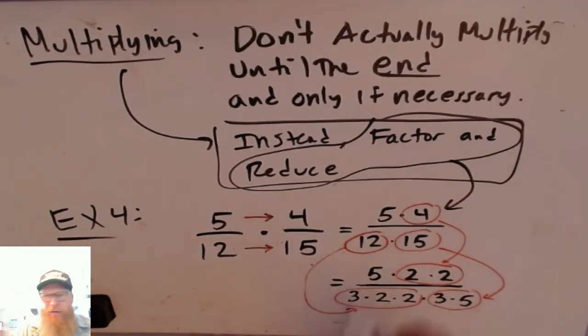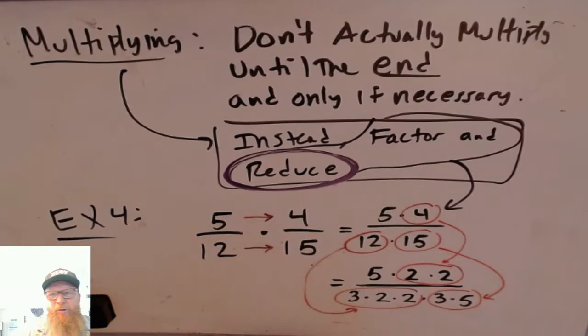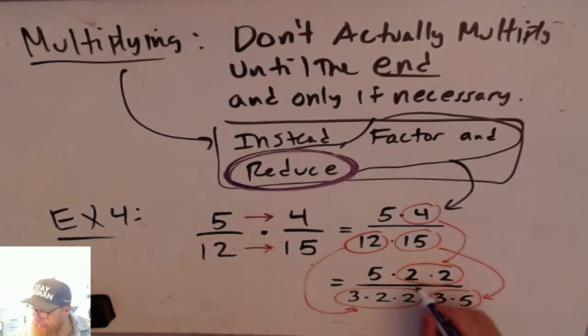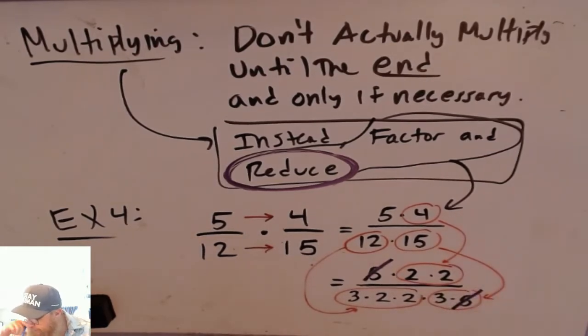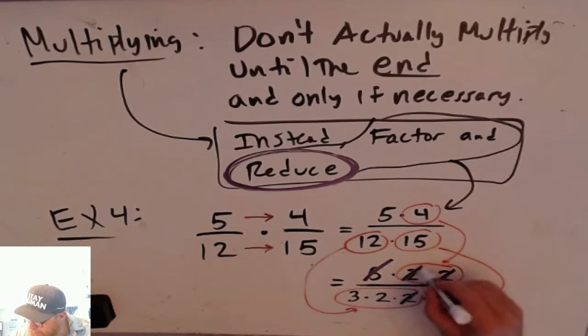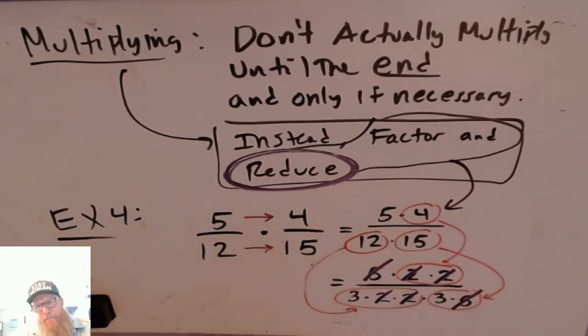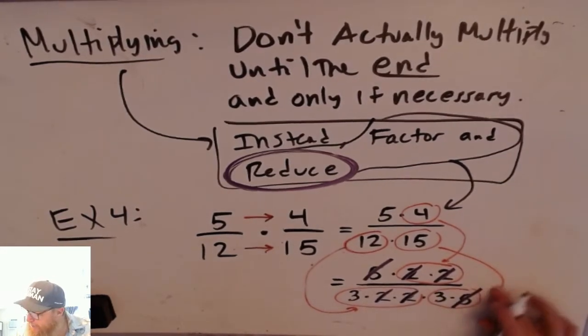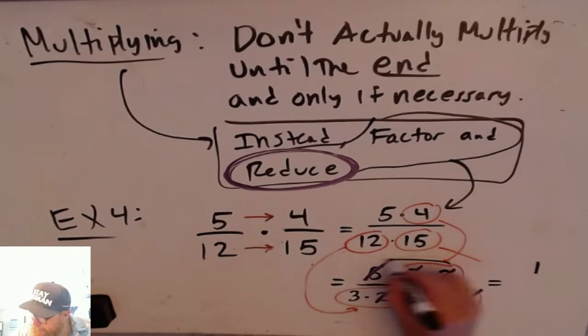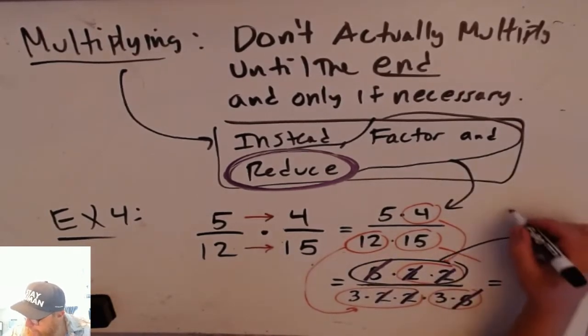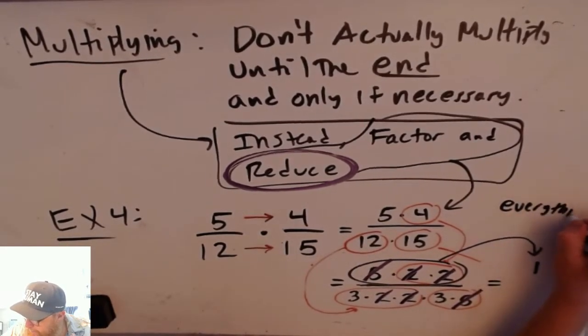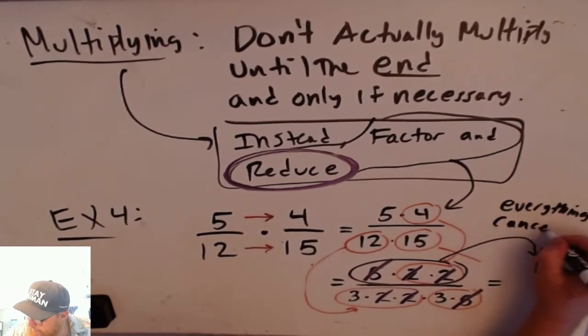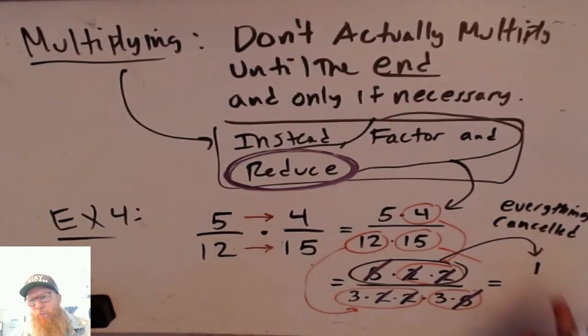And then reduce. In other words, cancel everything you possibly can. So what do we got? We got a 5 and a 5. And we have a pair of 2s. Since everything canceled in the numerator, you got to put that 1 there.